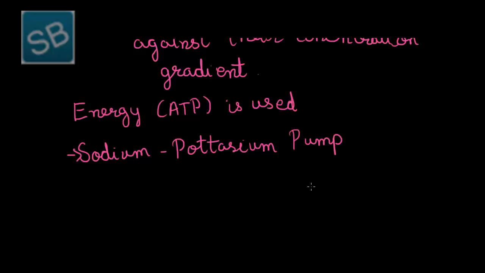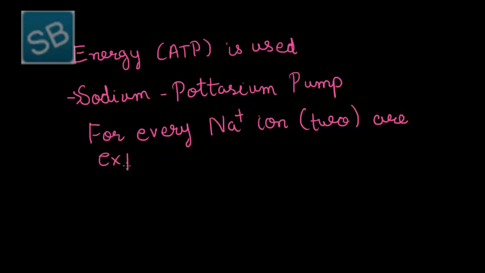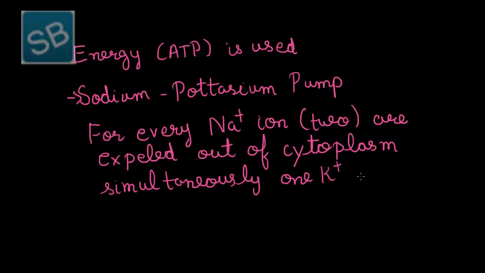In this type of pump, the balance between sodium and potassium ions is made in such a manner that for every two sodium ions, that is Na plus ions, expelled out of the cytoplasm, that is removed out of the cytoplasm, simultaneously one K plus ion, that is potassium ion, gets inserted within the cytoplasm.